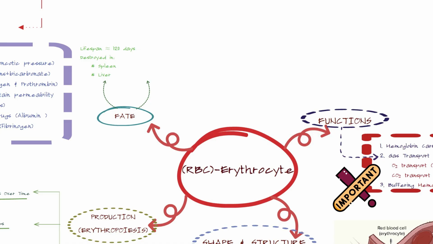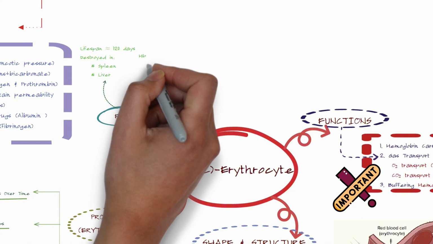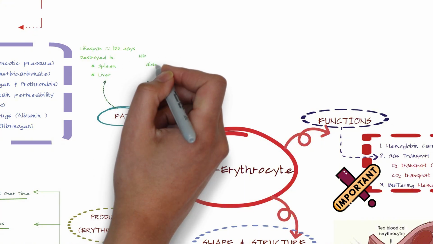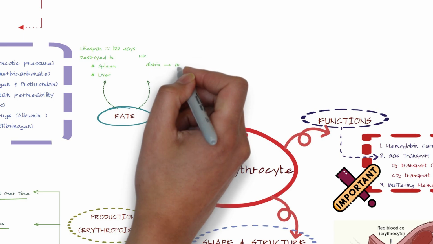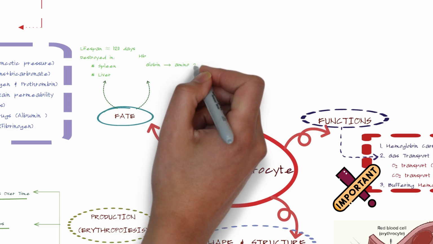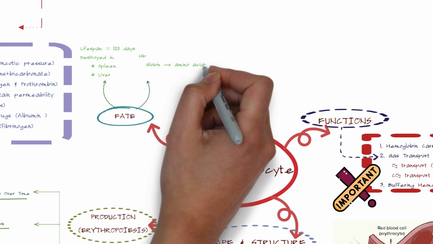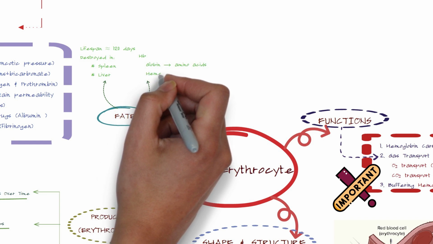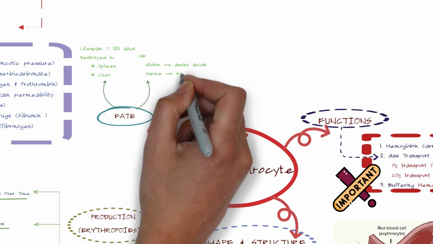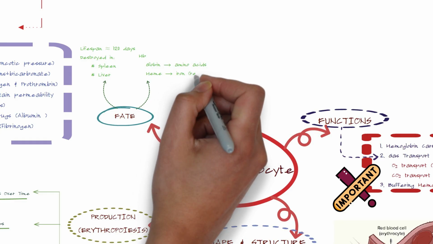The iron is recycled in our body, stored first in the liver. If it's needed, it will be transported by transferrin to the bone marrow or the muscles. The protoporphyrin is converted to bilirubin, and the bilirubin is excreted in the bile.